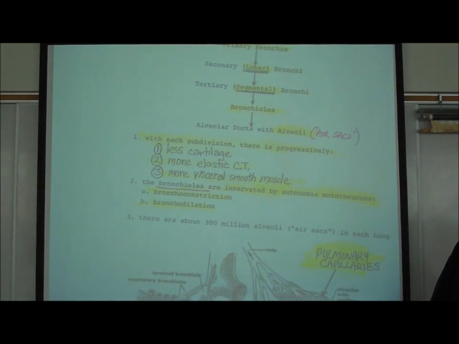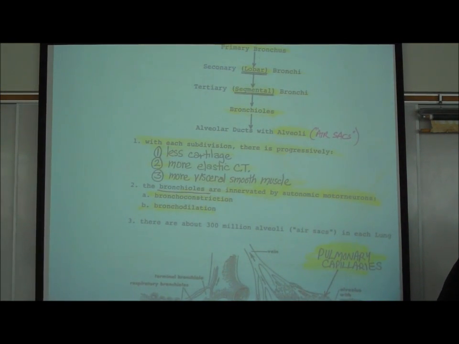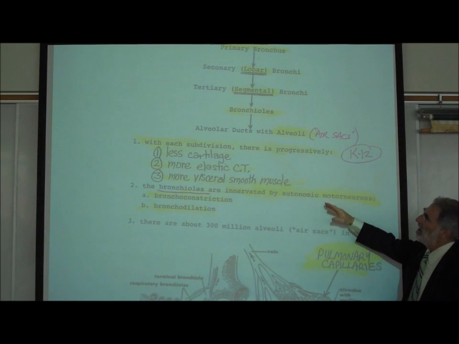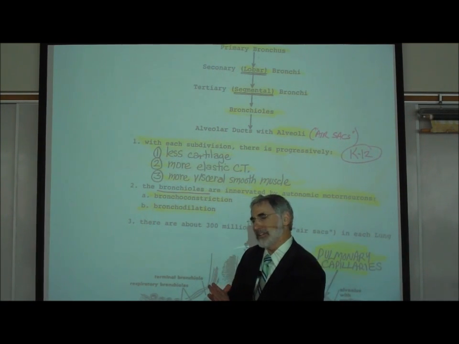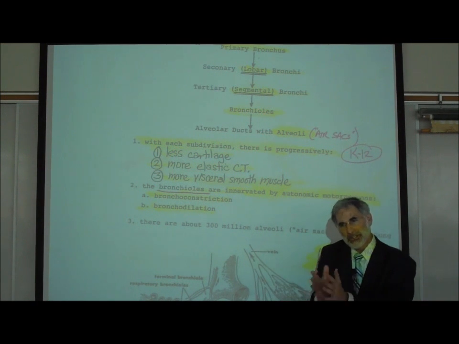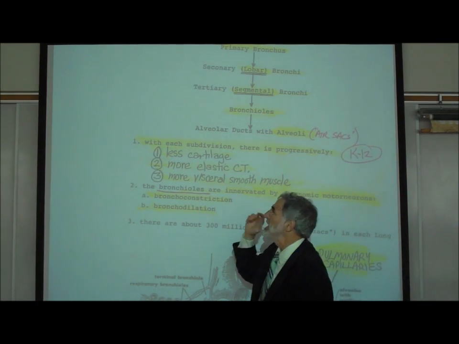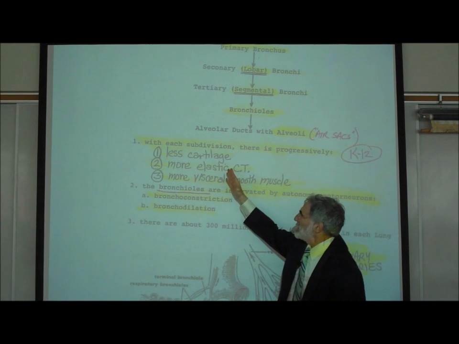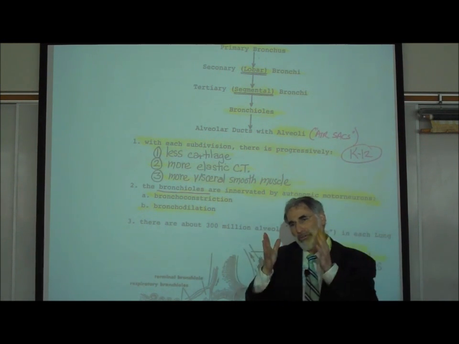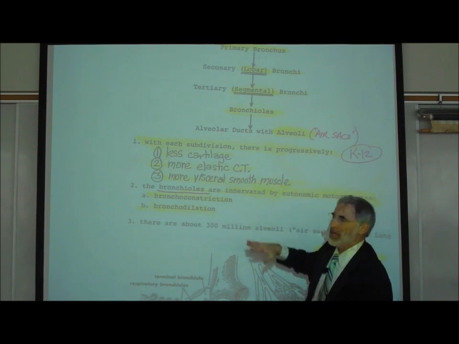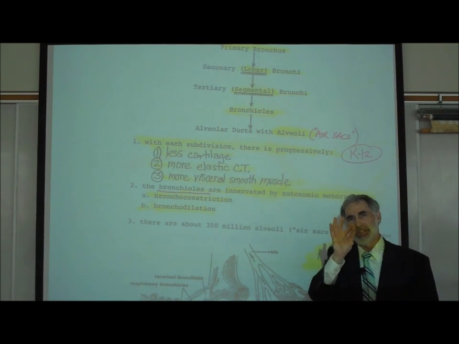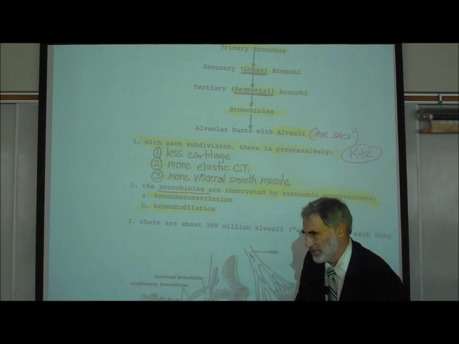Now, in the middle of page K12, I've described some changes in the histology of the wall of these airways as we get to smaller and smaller divisions. And here's what we observe. With each subdivision, as we go from larger to smaller and smaller airways, there are the following 3 changes that we observe in the histology of the wall of these airways.